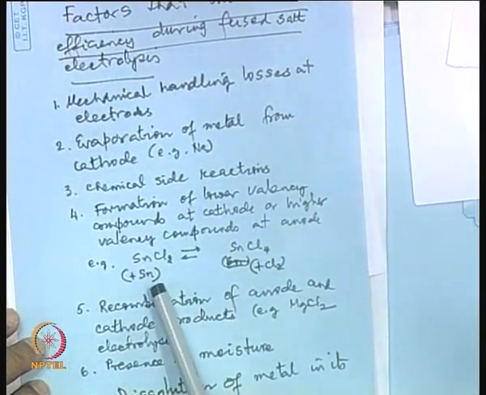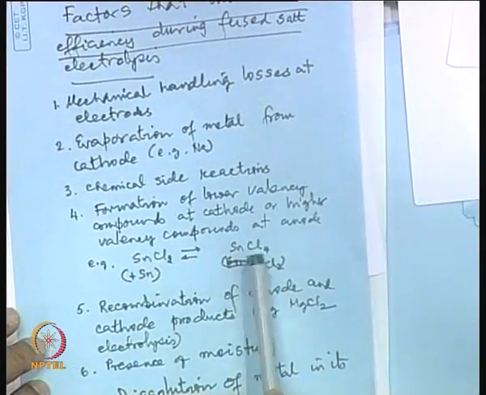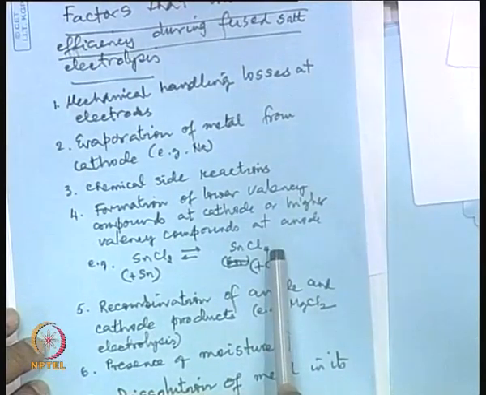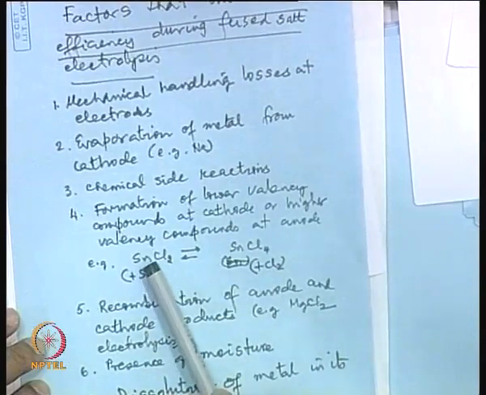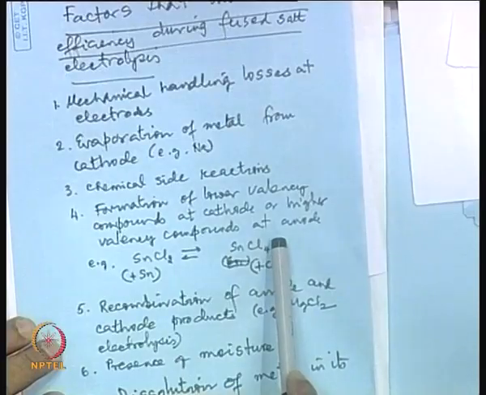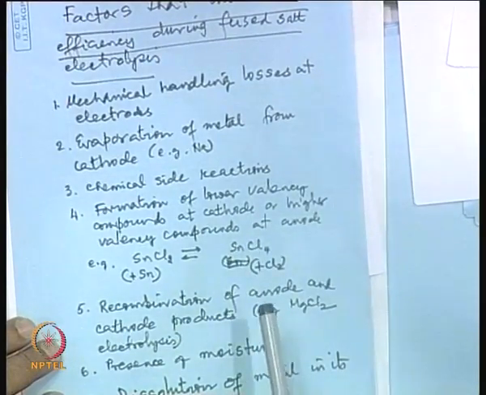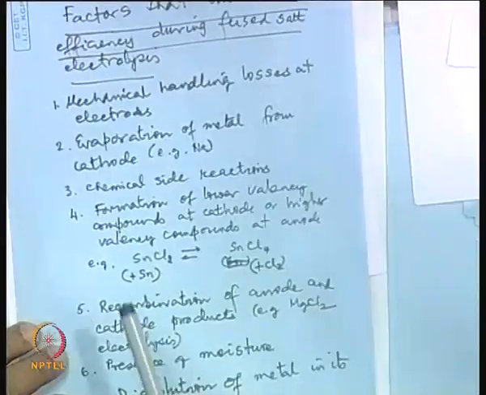What can happen is that you may end up producing tin tetrachloride if chlorine liberated at the anode reacts with this to produce SnCl4, or in the cell, if you start with SnCl4 and tin comes in contact with SnCl4, it may produce SnCl2.